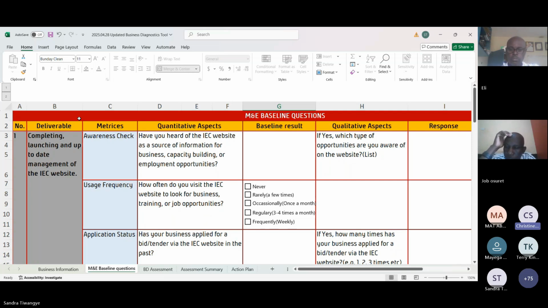We just want to be clear that due to the intervention of the IEC, your company has been able to enhance or improve performance. We want to make our work with you a bit more attributable. We want to know that when we came in as the IEC, you had limited chances of winning bids, but as we work with you and support you, you're able to improve various aspects within your enterprise.